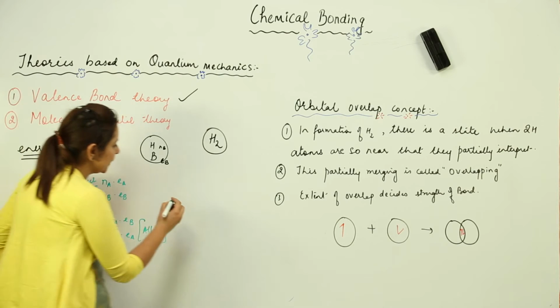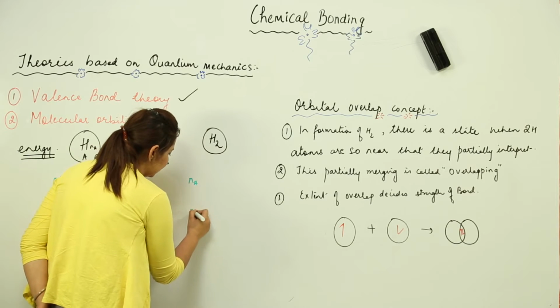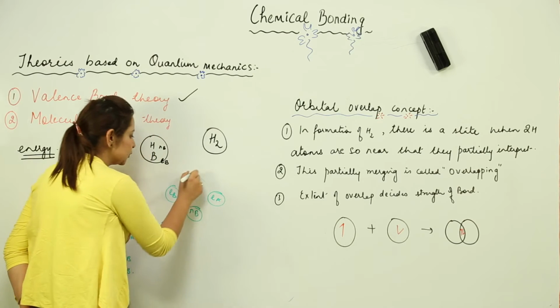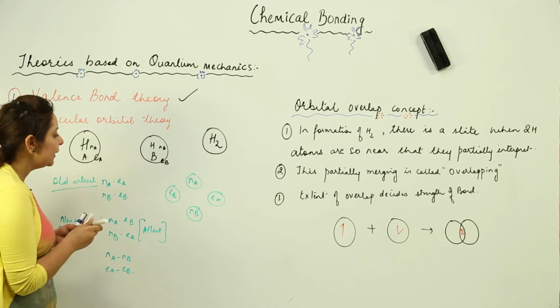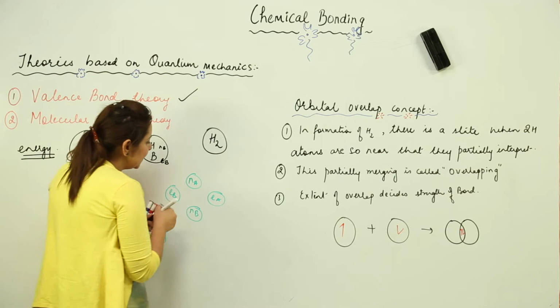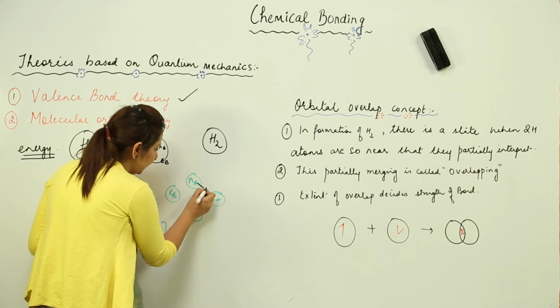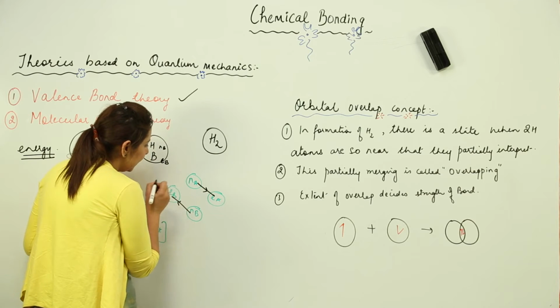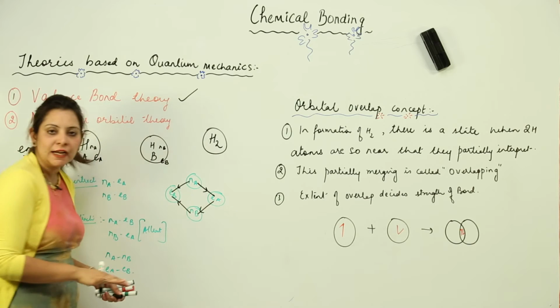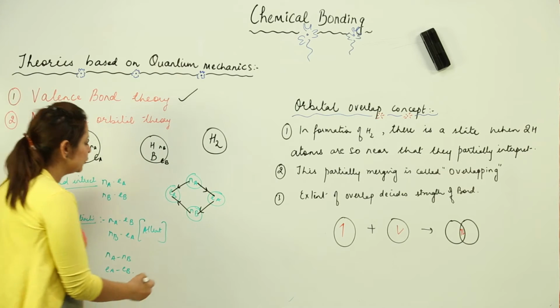Suppose I have nucleus A, nucleus B, electron A and electron B. Initially, nucleus A attracted its own electron and nucleus B attracted its own, and now there are these new forces of interaction, all attracting each other. How many attractive forces do we see?